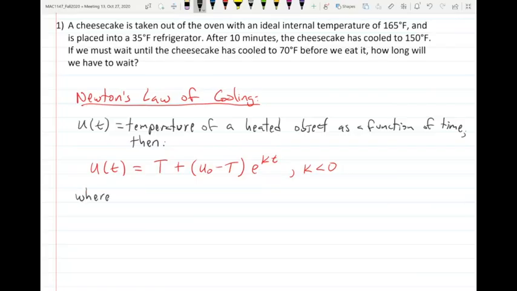Capital T stands for the temperature of the surrounding medium, and this is considered to be constant. So capital T is a constant temperature of the surrounding medium.